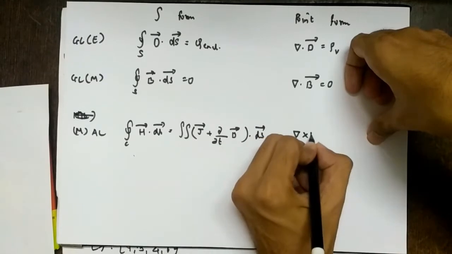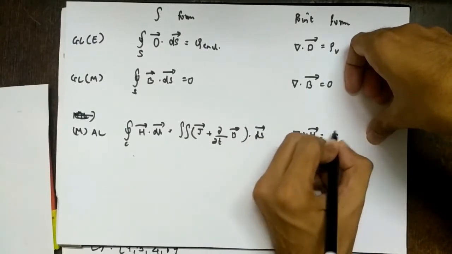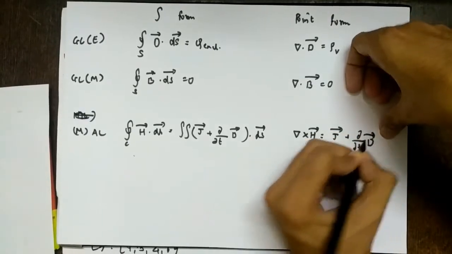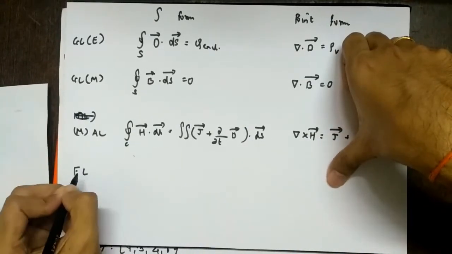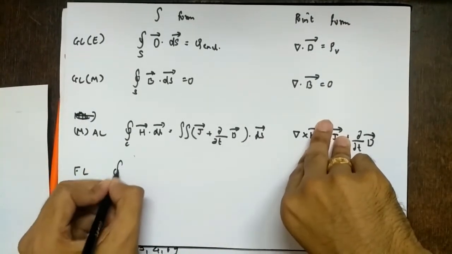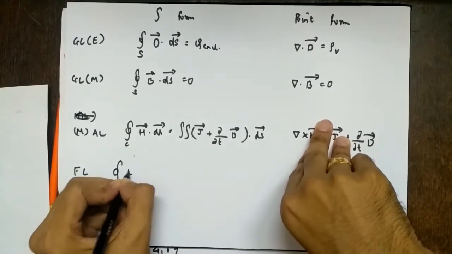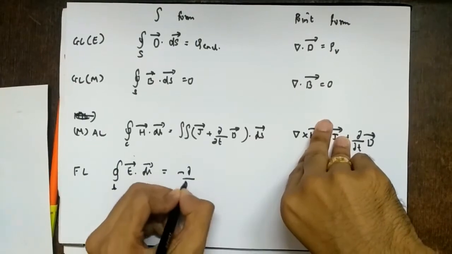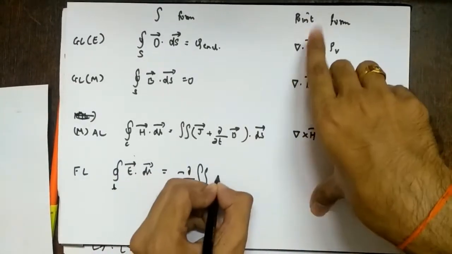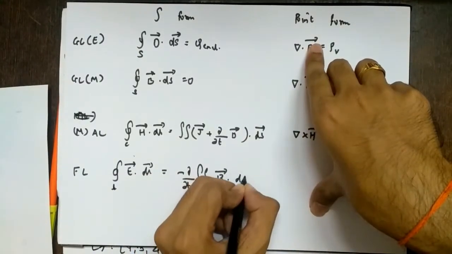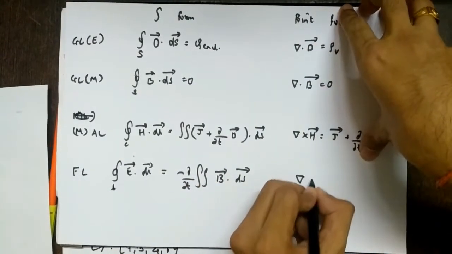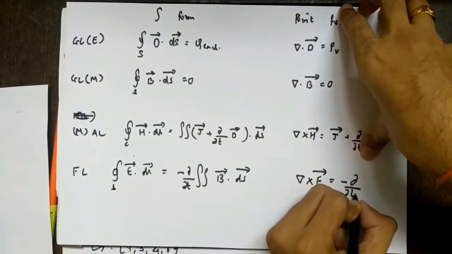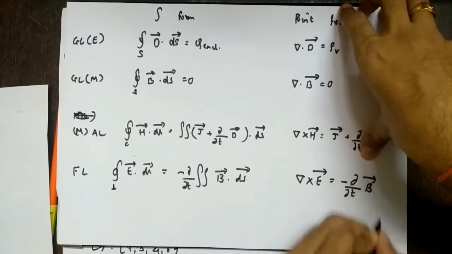So point form is del cross H vector equal to J vector plus dabba by dabba t D vector. Then finally we have Faraday's law. So what is Faraday's law? Closed line integral of E vector dot dl vector equal to minus dabba by dabba t surface integral of B vector dot dS vector. Then what we have finally? Point form. So point form is del cross E vector is minus dabba by dabba t B vector, right?